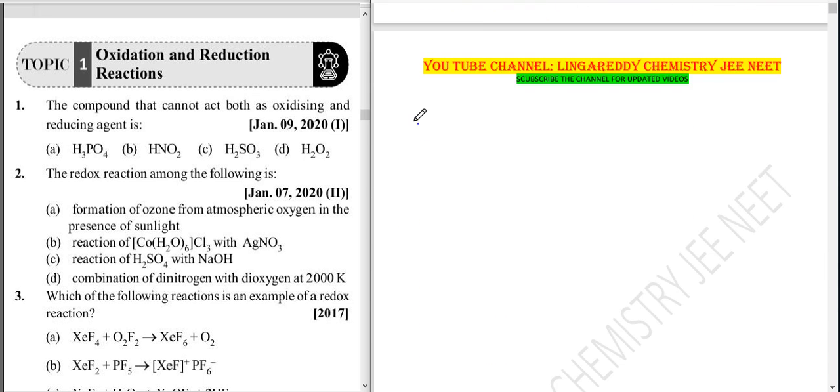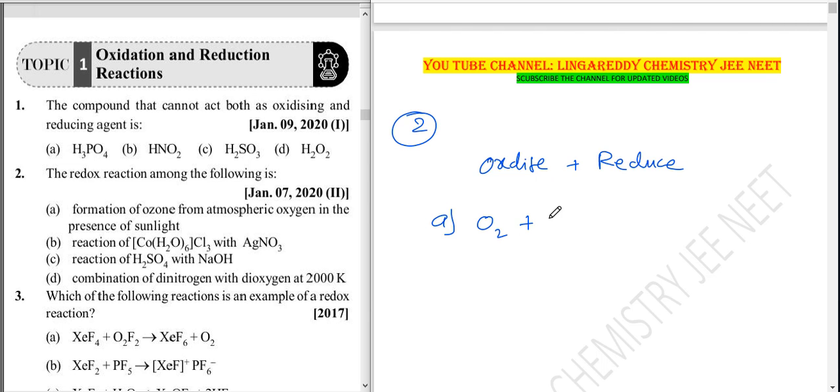Next, question number 2. The redox reaction among the following is, redox reaction means which can oxidize as well as reduce. Reduction and oxidation. The formation of ozone, see A option, the formation of ozone from atmospheric oxygen O2 in the presence of UV light.